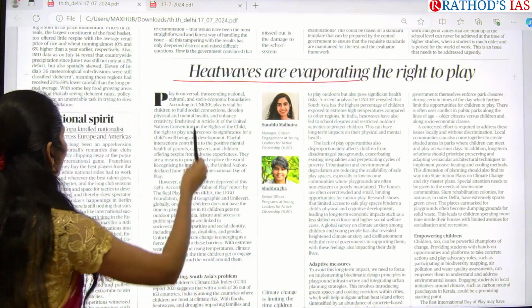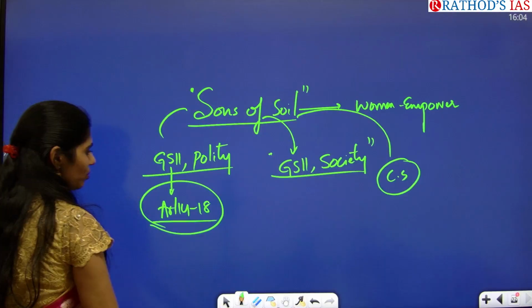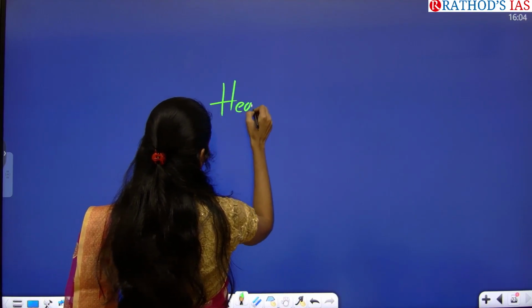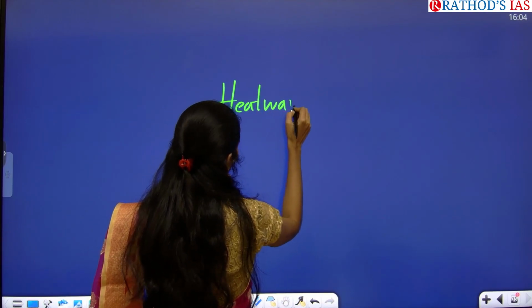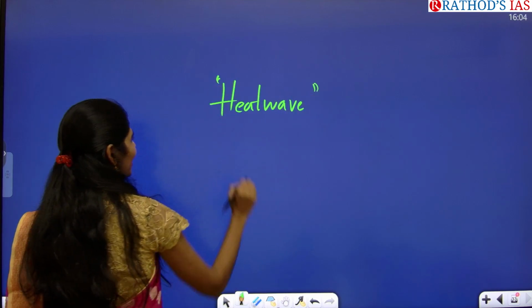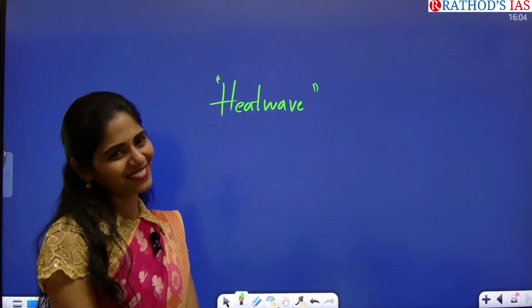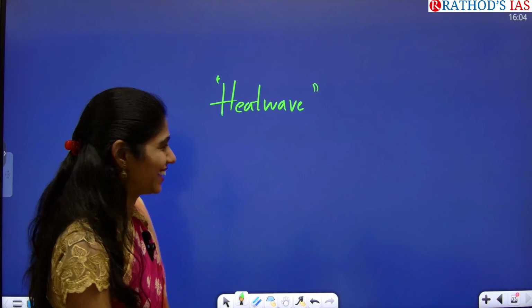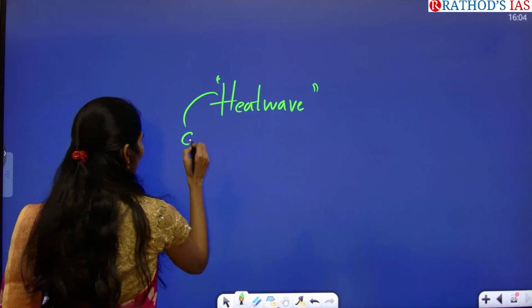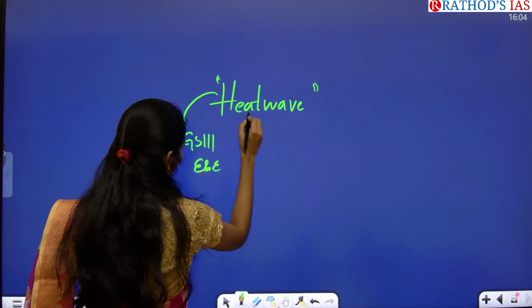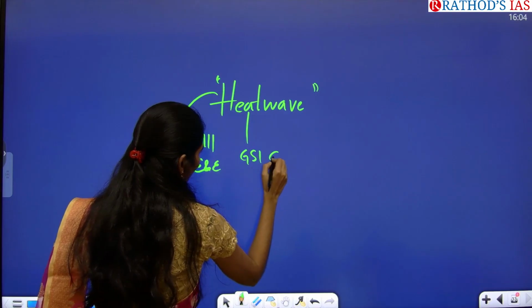Okay, let us see what this article is saying. Before that, let us see the dimensions. The topic is heat wave. Do you remember the criteria given by IMD, Hema? No ma'am, not revised. Tell me the criteria then. This topic is important for GS paper 3, environment and ecology and disaster management, and GS paper 1, geography.